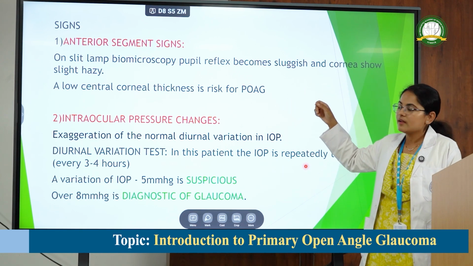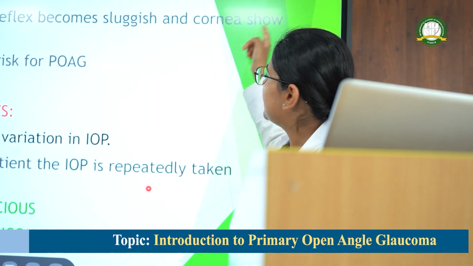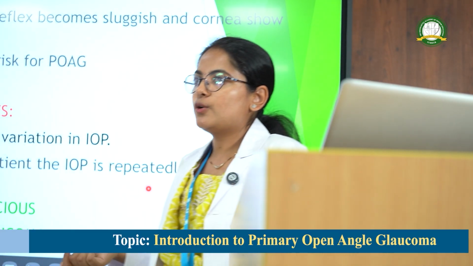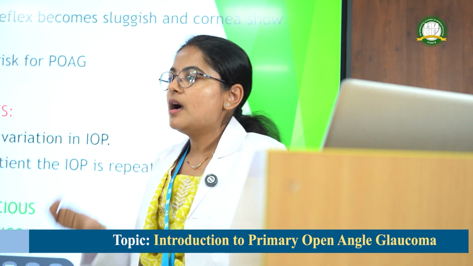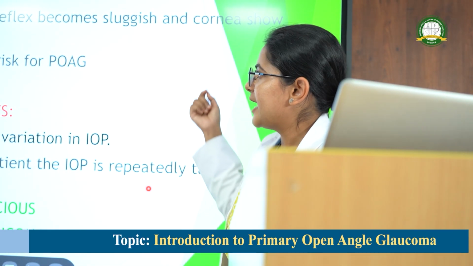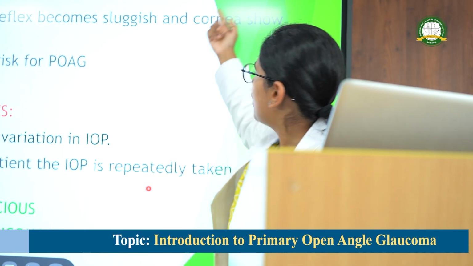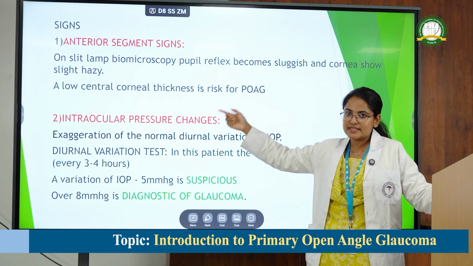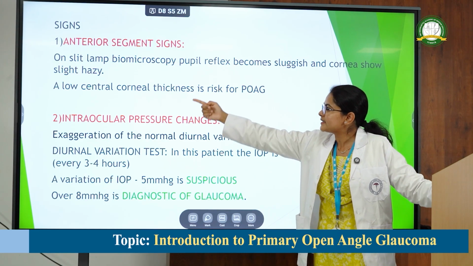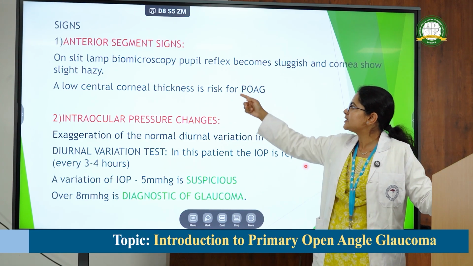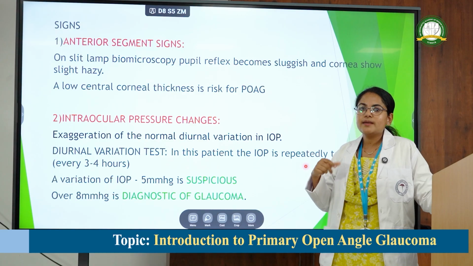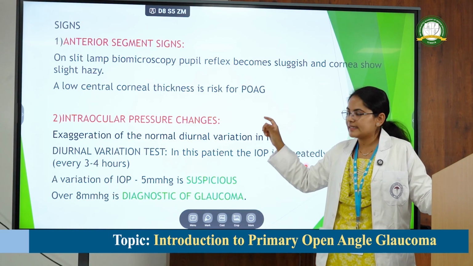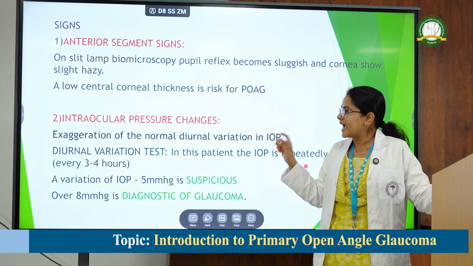Raised IOP will cause corneal edema. How much raised IOP generally causes corneal edema? Above 50 mm Hg of IOP can cause corneal edema. A low central corneal thickness, as we discussed earlier, is also a risk of glaucoma, as the low corneal thickness gives a false IOP calculation.